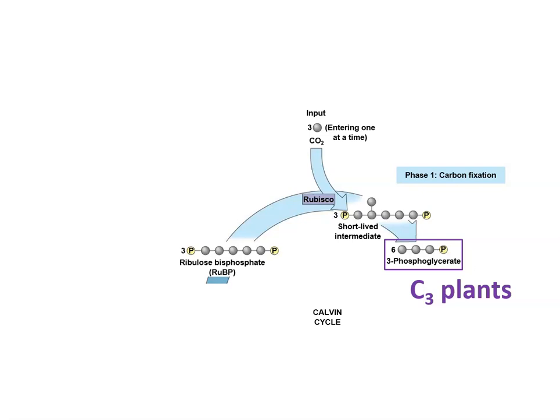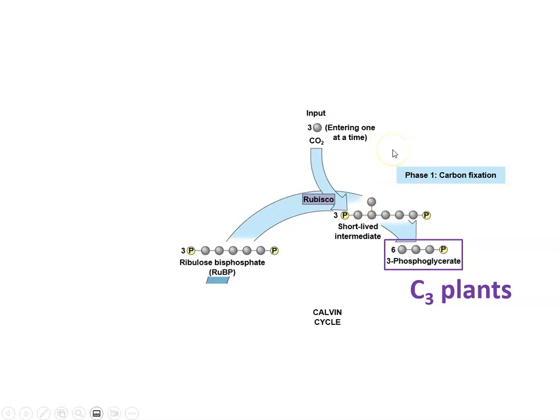It's a 3-carbon compound, and it's the first organic compound that results from carbon fixation. C4 plants have a different compound that actually has 4 carbons, hence they're called C4 plants. Again, that's a topic that we'll dive into deeper at a later time, but I just wanted to mention why they're called C3 plants, in case you've heard that term. All right, so this is the carbon fixation phase.